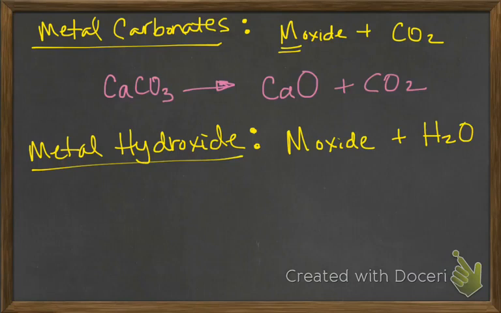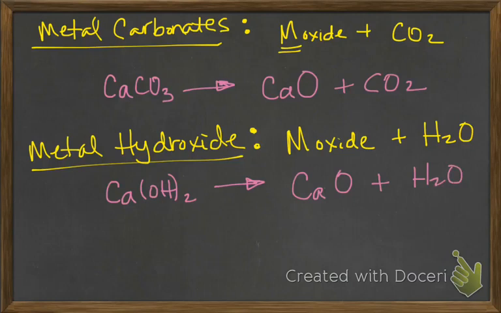In this case, we'll pick calcium again. Calcium has a 2 plus charge. When you pair it up with hydroxide, which is a 1 minus, crossover charges, you get Ca(OH)2. When it breaks down, it'll break down into the metal oxide, which is calcium oxide again, and water.